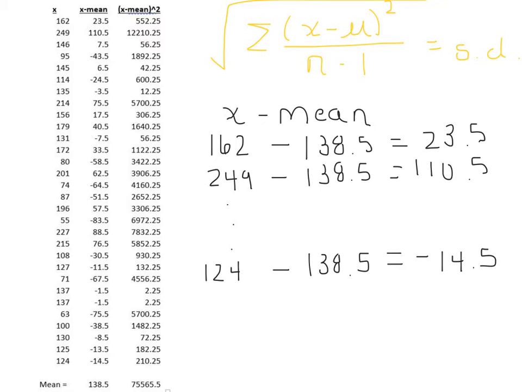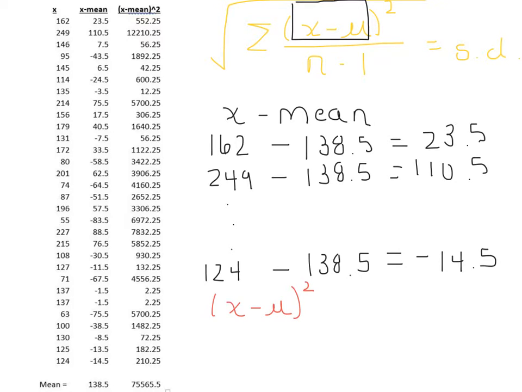So what I've calculated there is each of these x minus the means. The formula then says I have to square them. So in my next column, you notice I've labeled it x minus the mean squared.